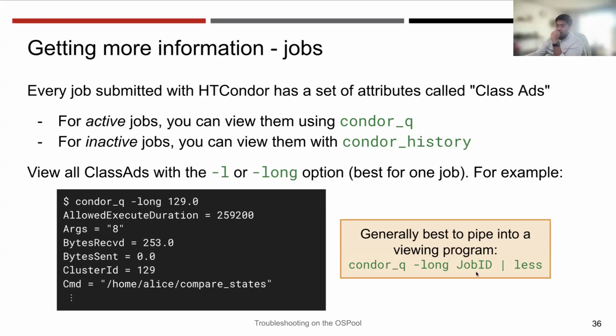Most of the class ads make sense. If you want to know something about the machine, or say wall time, you can just run condor_q -long with the job ID and pipe that to grep for time, and you'd see all the attributes that have the word time in them. That way it's easier to filter out the actual class ad that would be useful.